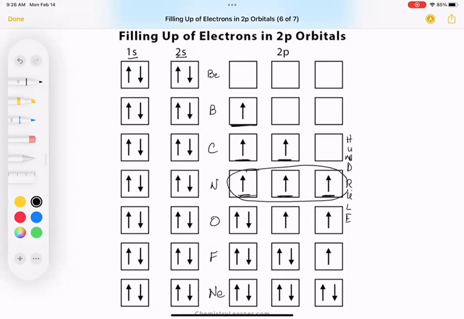We do this because technically doing this is lower in energy than pairing electrons. Once you start pairing electrons, the energy will increase.